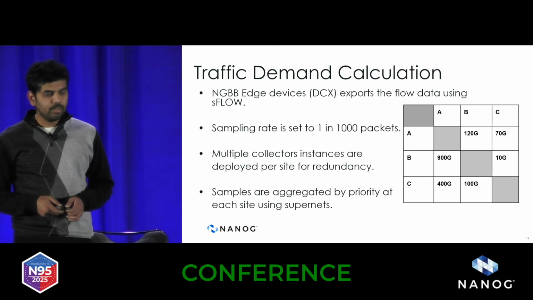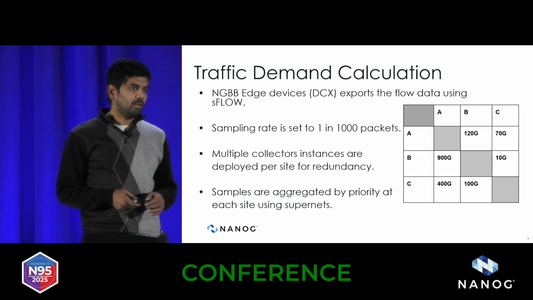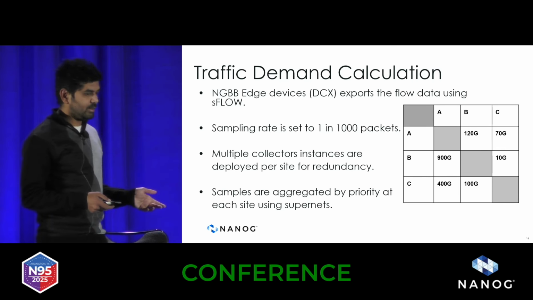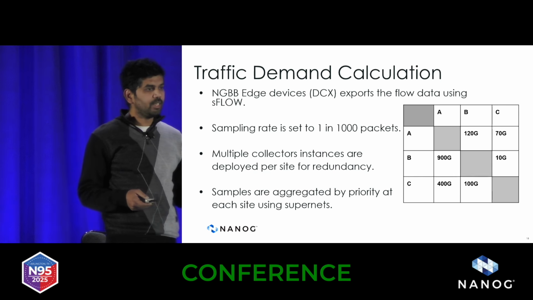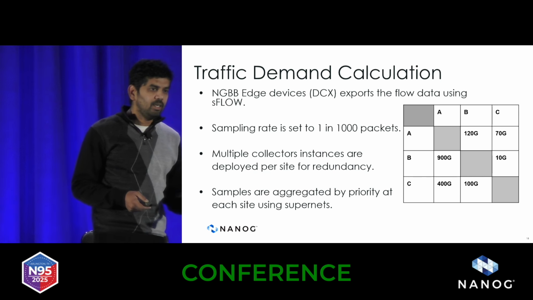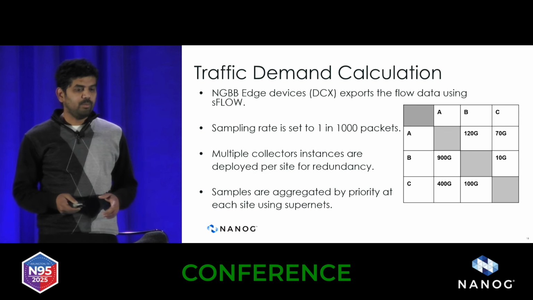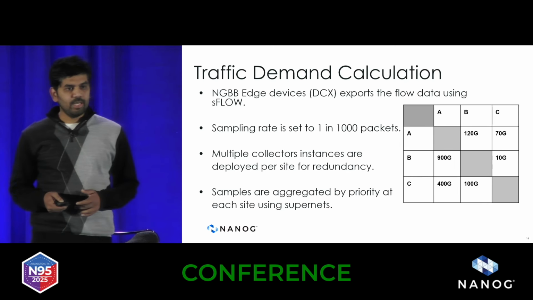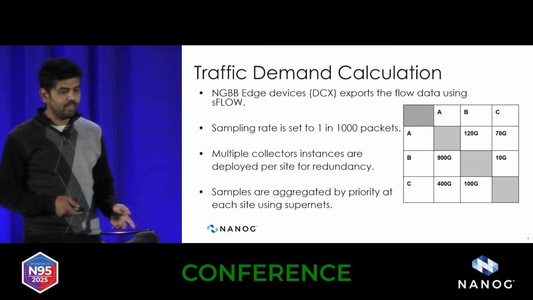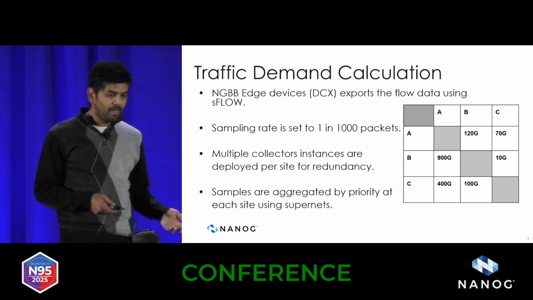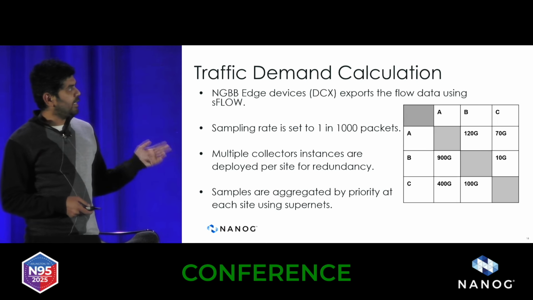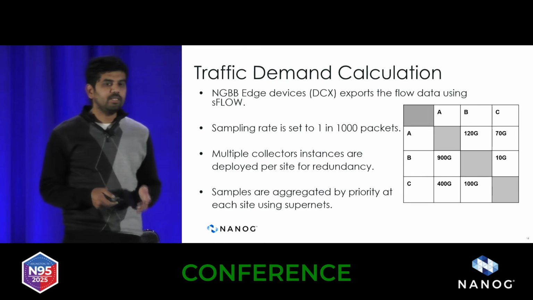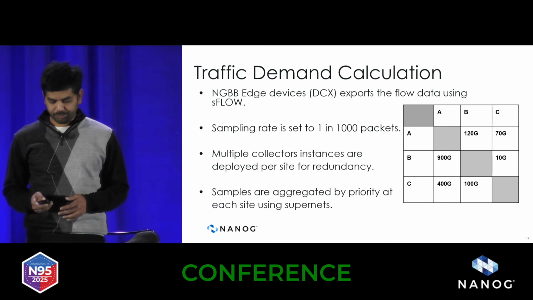We use a little bit of an aggressive sampling rate, 1:1000, because we have hardware sFlow support in all of our devices. We have multiple collectors that process flow data, aggregate it, and arrange it in a matrix form. These matrices are site to site, sorted based on priorities and based on ingress devices. For example, site A to site B is 120 gig. That's how the matrices are visualized and used in traffic allocation.